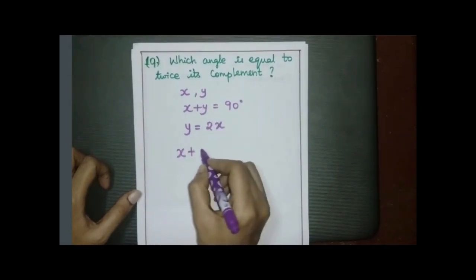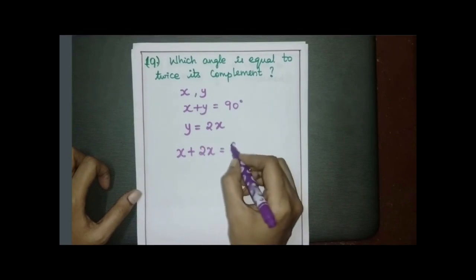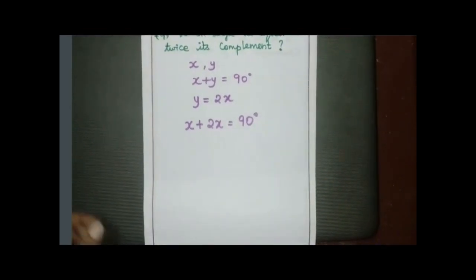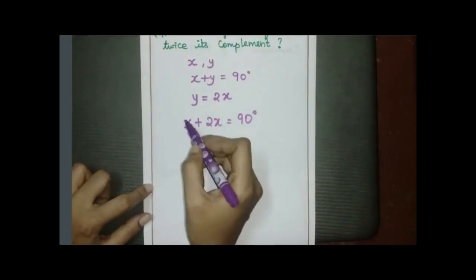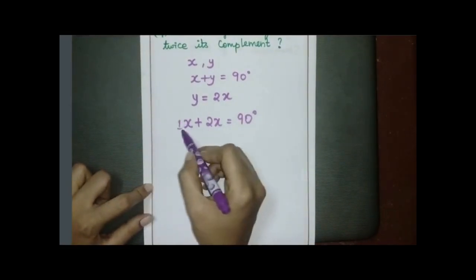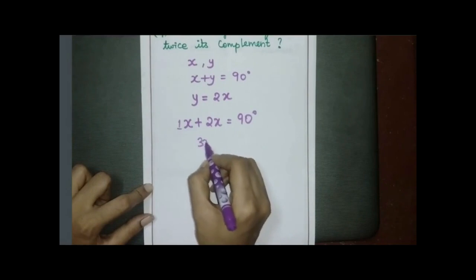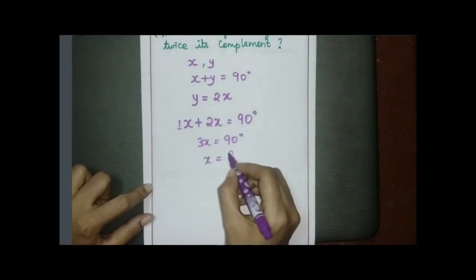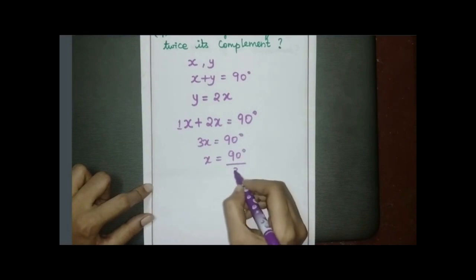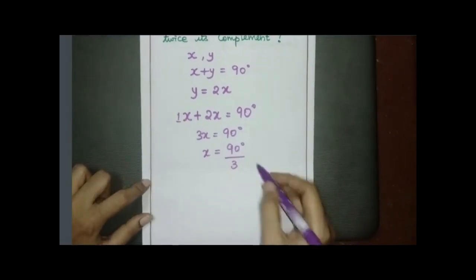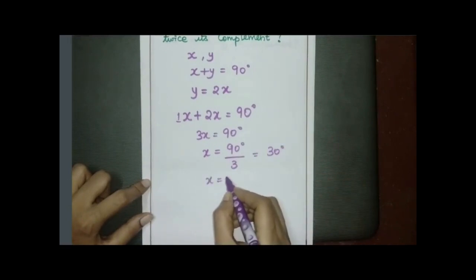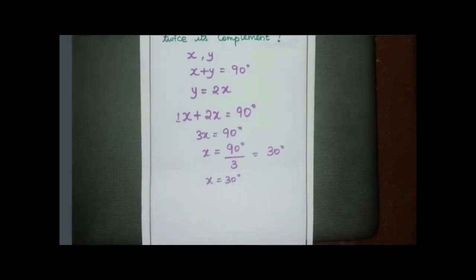So X plus 2X will be 90 degree because they are complement to each other. Add these two angles, 1X plus 2X, totally 3X equal to 90 degree, and X equal to 90 degree divided by 3, I will get 30 degree. So X equal to 30 degree.